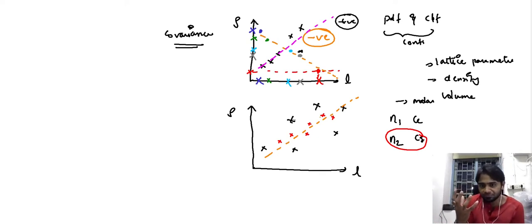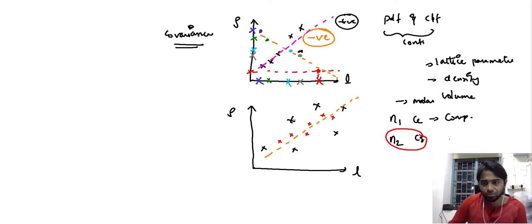In case of cerium there is a significant deviation, but in case of cesium the deviation is not much. Based on this deviation, you can state that cerium has rather a compromised relation. We cannot say a bad relation, but it's rather compromised.